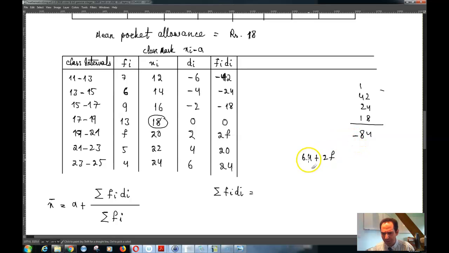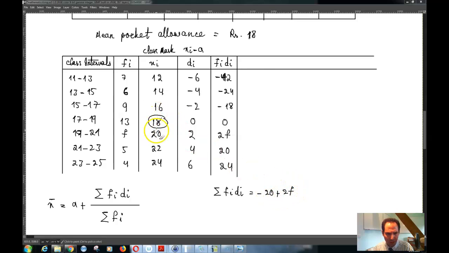Now negative 84 plus 64 is equal to negative 20 plus 2f. So sigma f of i d of i is equal to negative 20 plus 2f, and I take my a as basically 18 here.